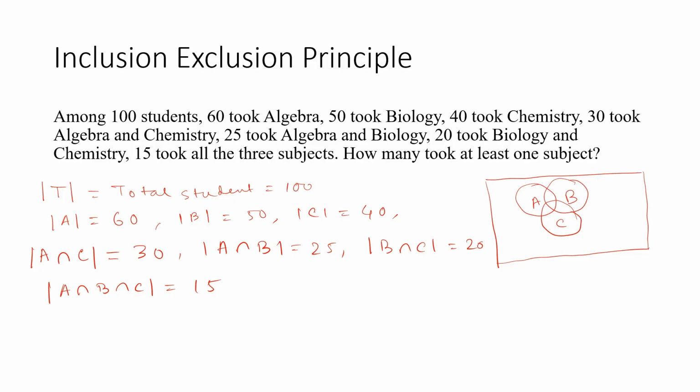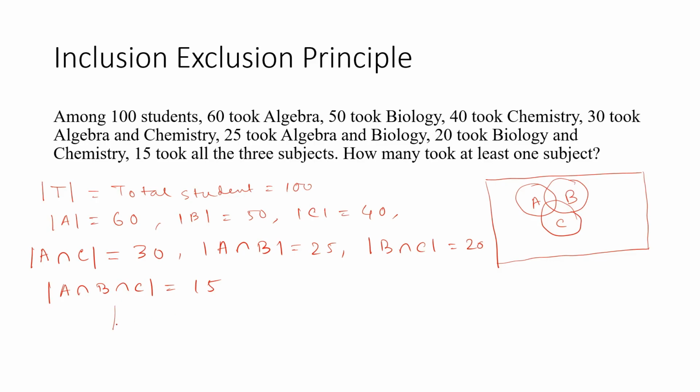Now, our required region is how many took at least one subject. That means the total number of students who took either one of the subjects or any two combinations of the subjects or any three combination of the subjects. That means we have to find the total number of students who have taken any of the subjects or any two of the subjects or all the three subjects.